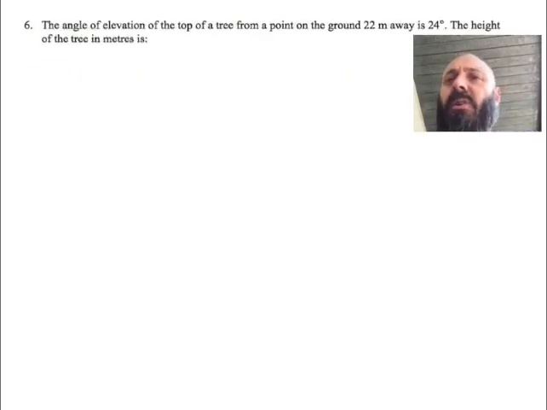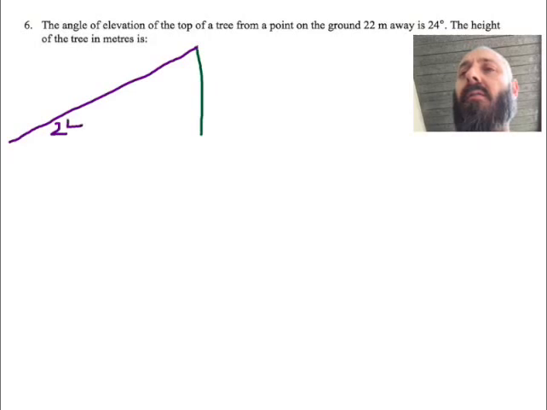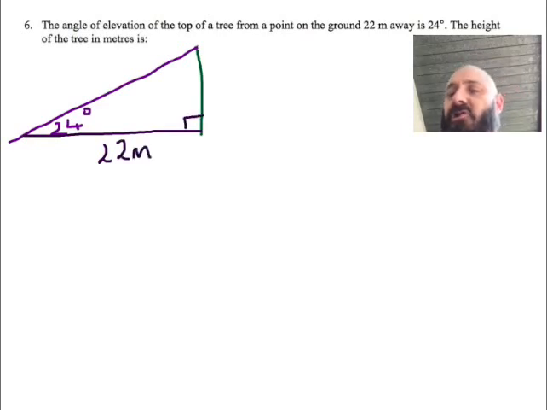Okay, here we are with our next question, and we have a tree. Draw my tree. If you read the question, we have an angle of elevation of 24 degrees from a point on the ground. So that means that somewhere over here I am making an angle of 24 degrees, and if you read the question, I am 22 meters away from the base of that tree, which I'm assuming is at right angles.